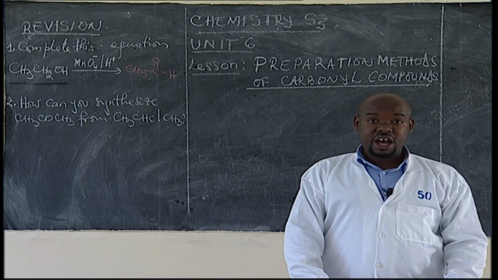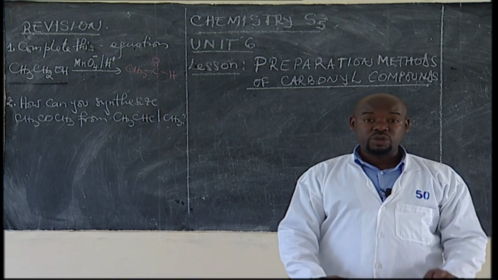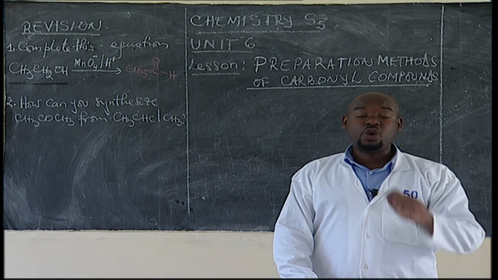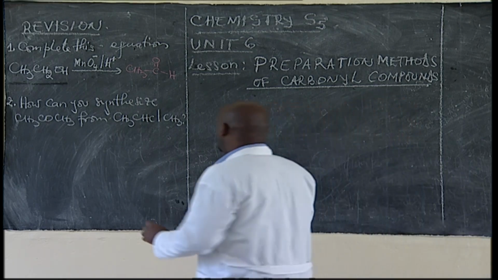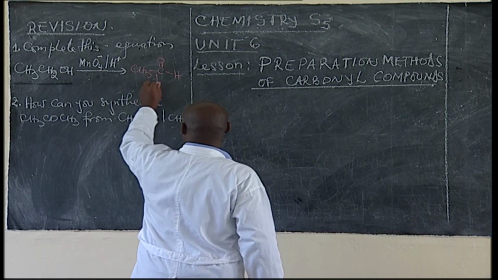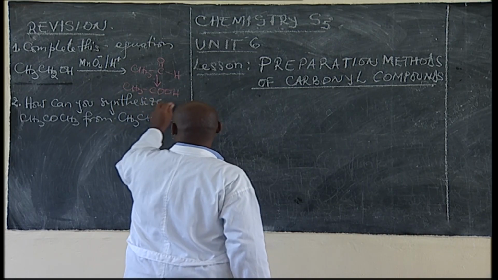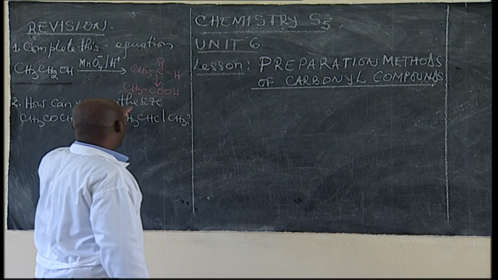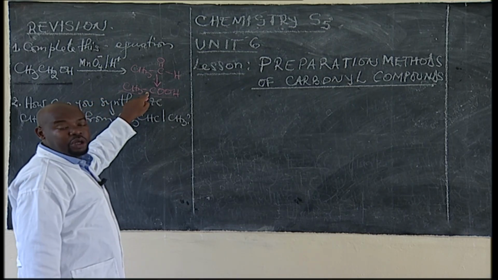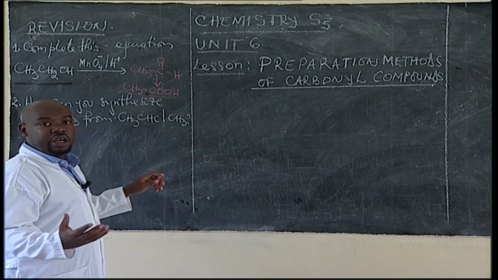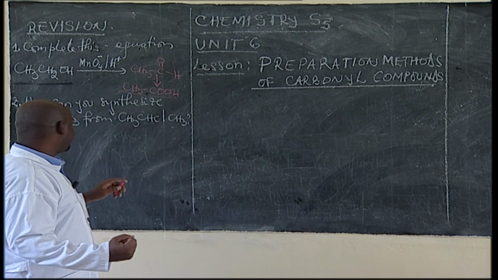This means that the aldehyde we produce will undergo a further oxidation, and we produce CH3COOH. The class of compounds to which this one belongs is called the carboxylic acids.